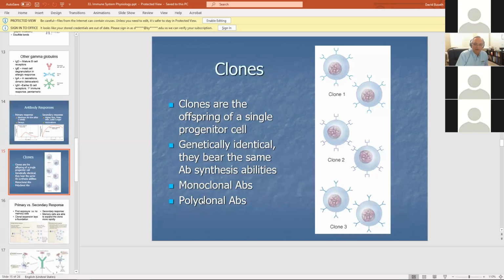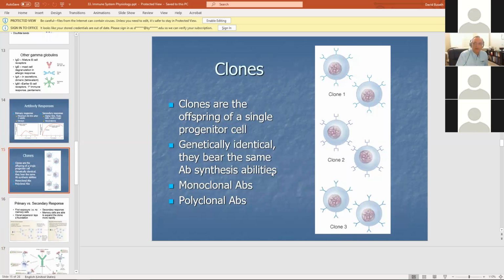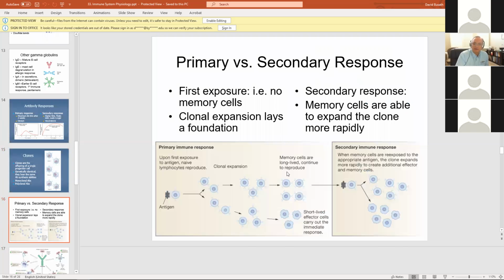Multiple types of antibodies attacking the pathogen at different places. So it's these memory cells that continue to reproduce and are all ready to go upon secondary exposure that give us long-term immunity. That's why we get vaccinations. That's what we don't have to COVID-19.